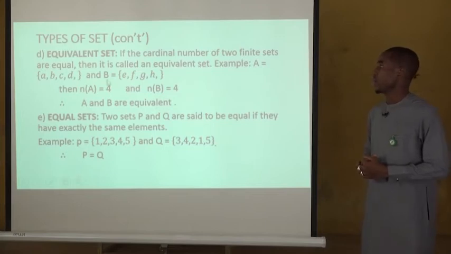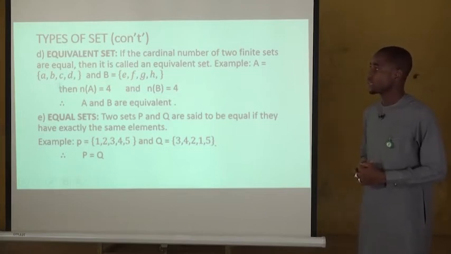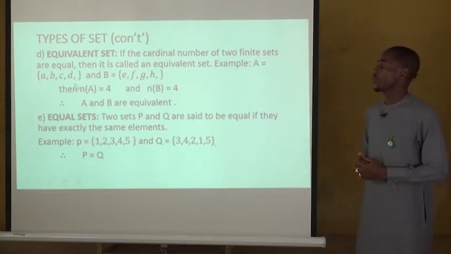Example, a set A has elements A, B, C, and D, while set B has elements E, F, G, and H. Now the elements within set A, we have 4 elements or 4 members of set A. That is A, B, C, and D. Likewise, that of set B, we have E, F, G, and H, 4 elements.